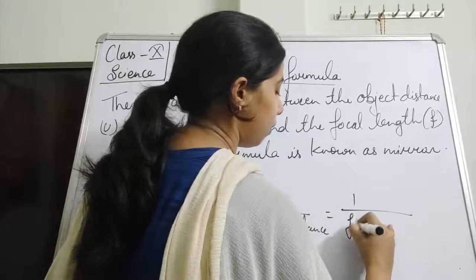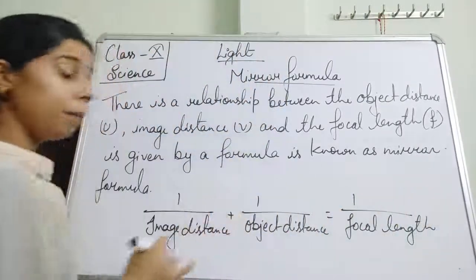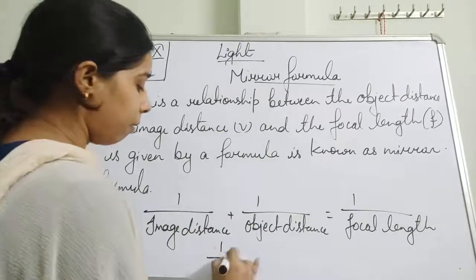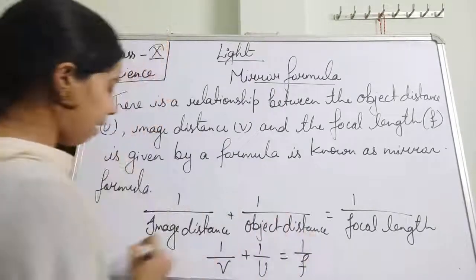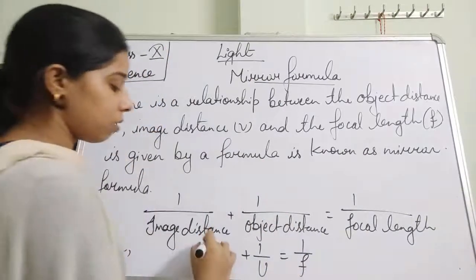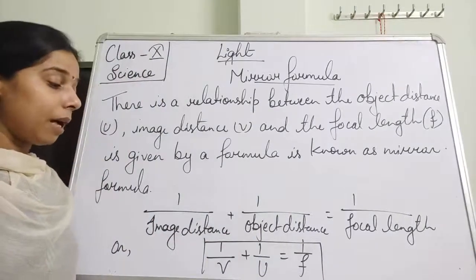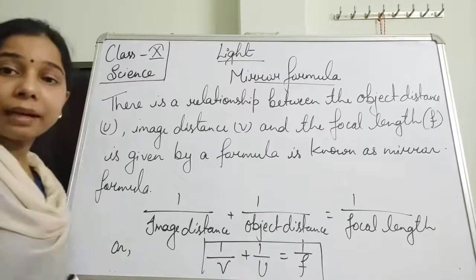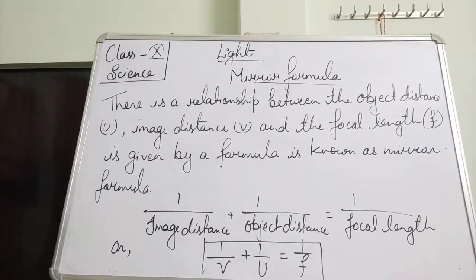With the symbols, we can write it here: 1 by V plus 1 by U is equal to 1 by F. This is the mirror formula. V is the image distance, U is the object distance, and F is the focal length.